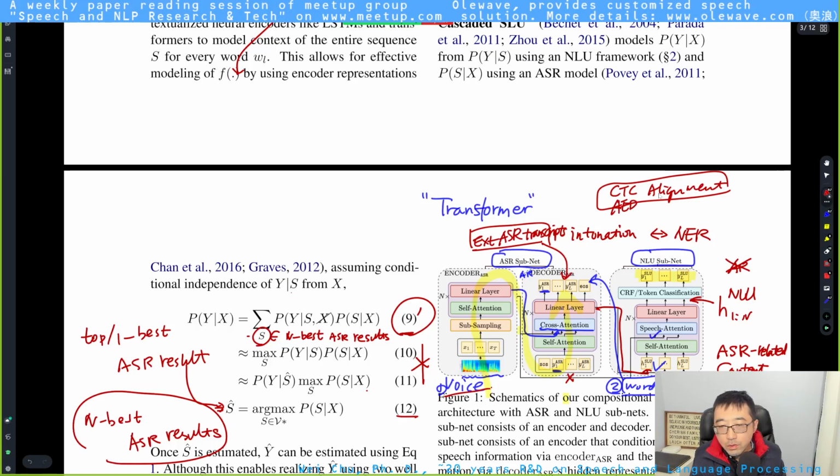Okay. Once you finish the alignment, you know exactly the speech embeddings here, and also the decoder output here. So you can see these embeddings are considered to be better than the embedding generated by itself without the external ASR transcript by using the feed forward.